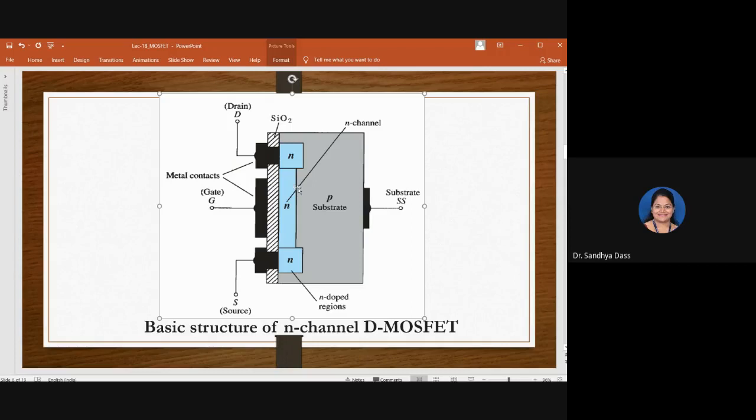So metal oxide semiconductor FET, MOSFET. It gets the name MOSFET because of the metal available here, which provides the leads drain, source, and gate. Oxide because of this insulating material, silicon dioxide.